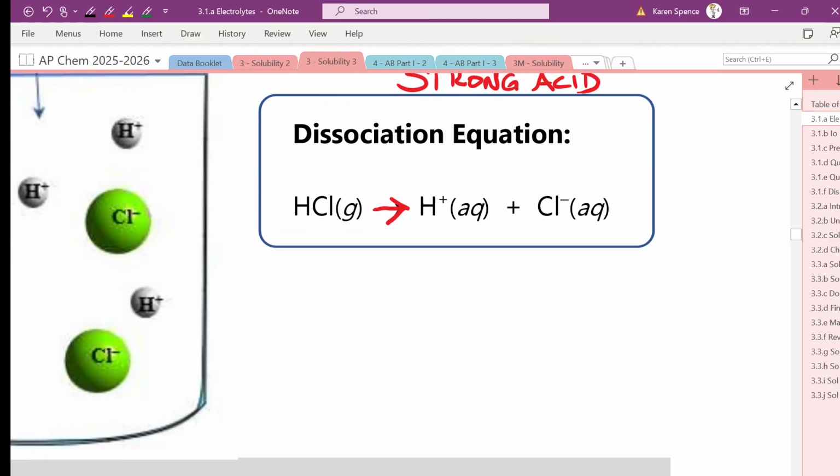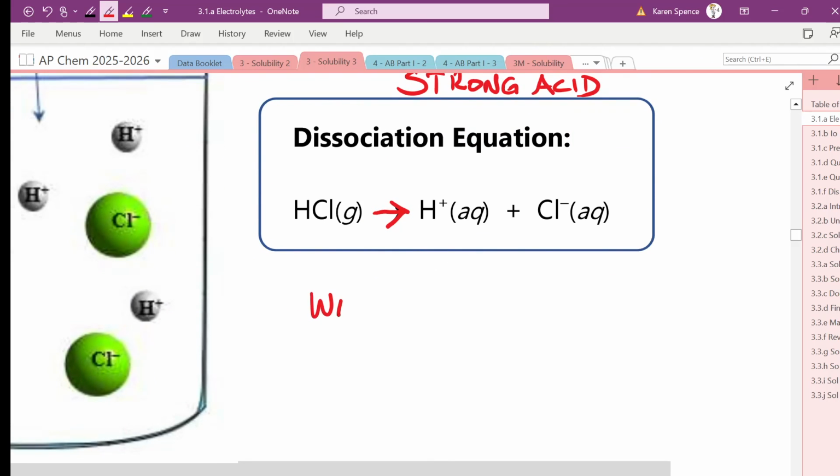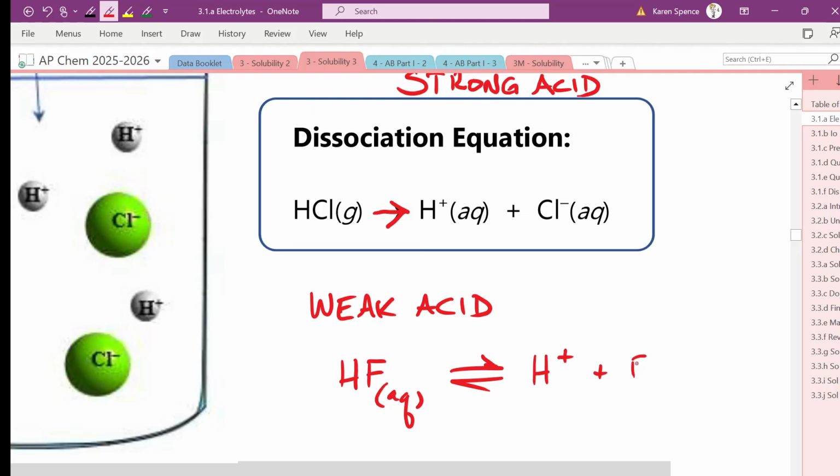And we could have a weak acid, which of course would have an equilibrium arrow. And we are very familiar with those. We should be really good at writing those equations because we've got a test coming up next Wednesday and our quiz tomorrow.